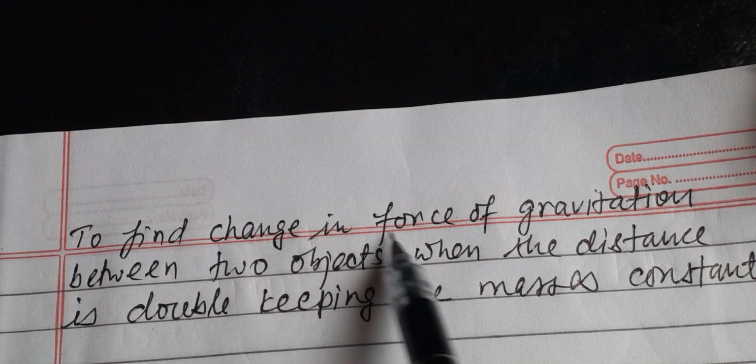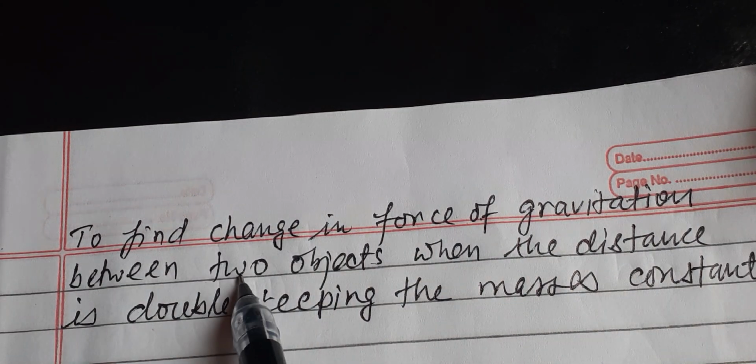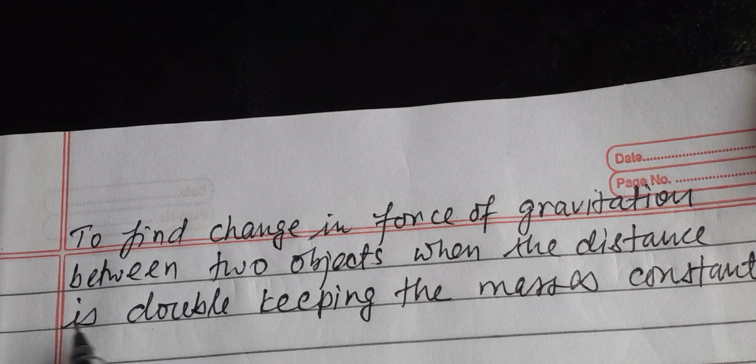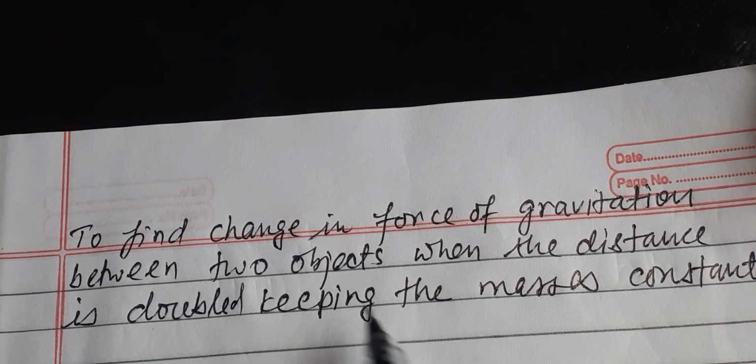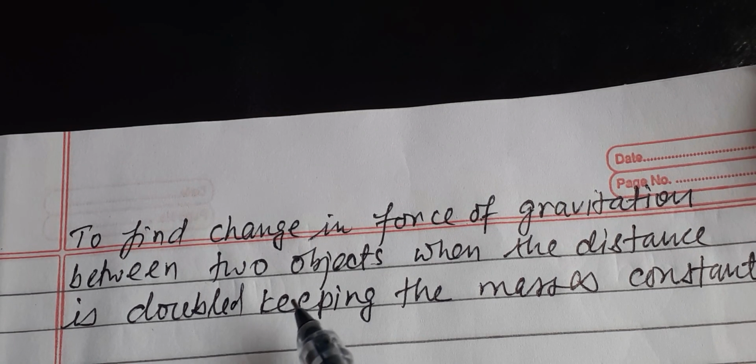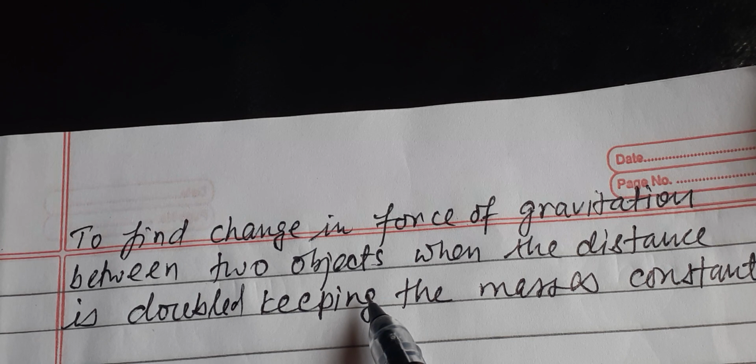To find the change in force of gravitation between two objects when the distance is doubled, keeping the masses constant. So the condition is we have given the force of gravitation, masses and distance between them.